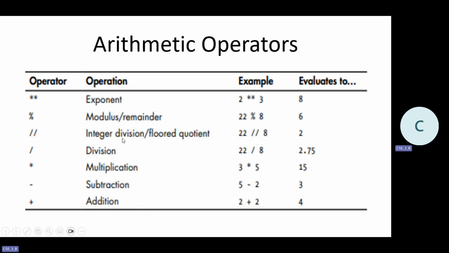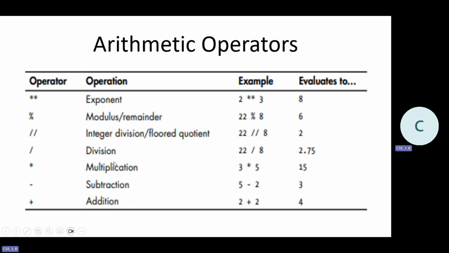Then integer division, or floored quotient. It means whenever we divide a number, we are not considering the mantissa part. We neglect the digits after the point and consider only the digits before the point. That is integer division, which is represented by two forward slashes.